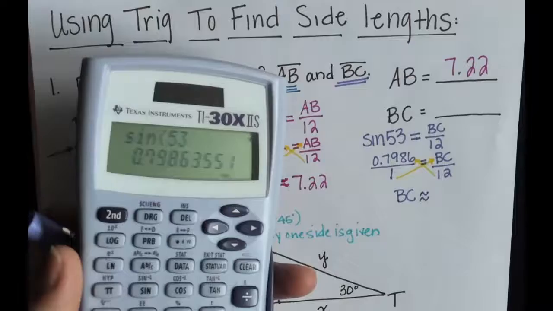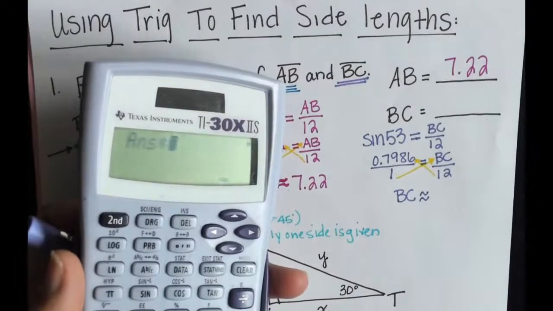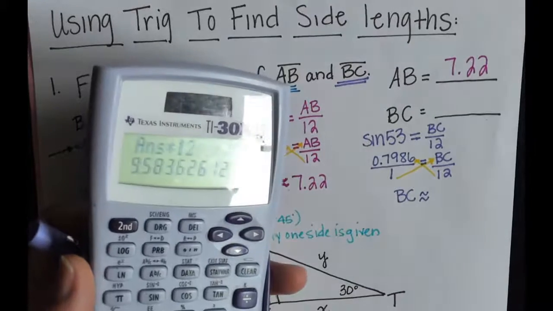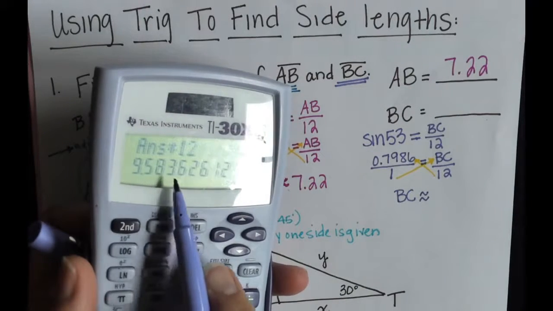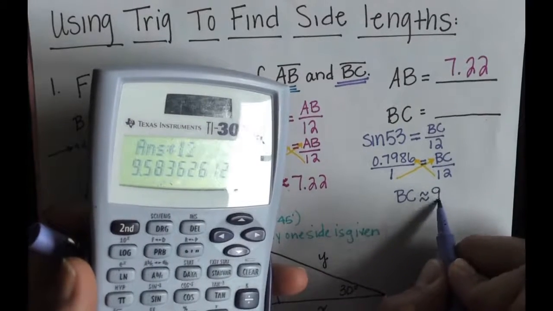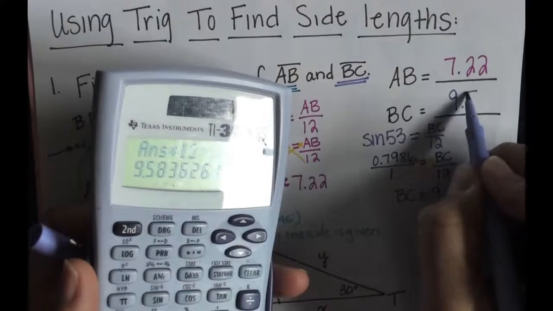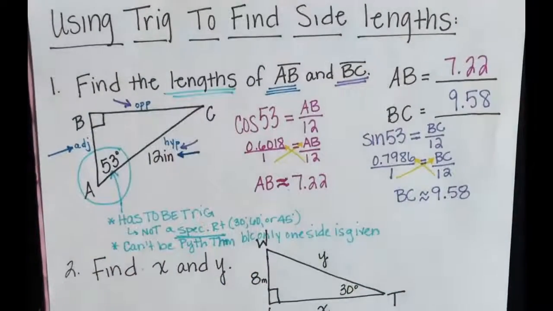Now I have my sine 53 is still here, and I'm simply going to go times 12, and it's 9.583. Well, the 3 tells me to keep the 8. So this would be 9.58. And we're done. So yes, it is all about which side I'm looking for.